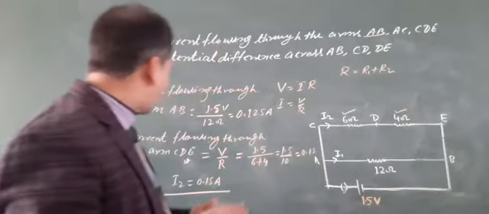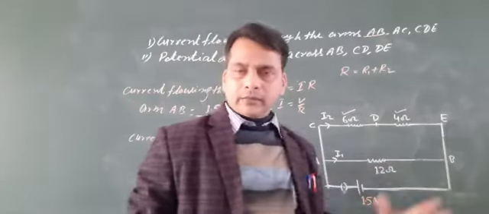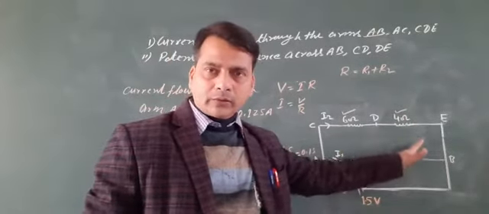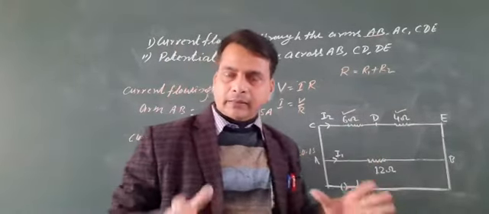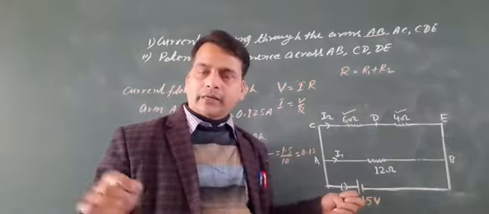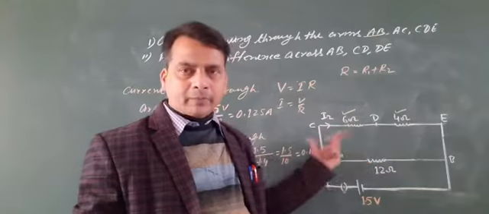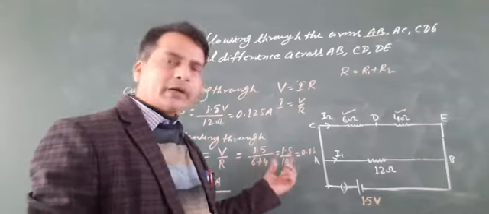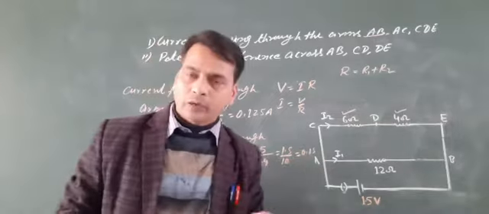The current flowing through the arm CDE has two resistors, 6 and 4, connected in series, so the equivalent resistance R1 plus R2 is applied. The potential difference is 1.5 volt, then 6 plus 4, that is 1.5 by 10, which is 0.15 ampere.